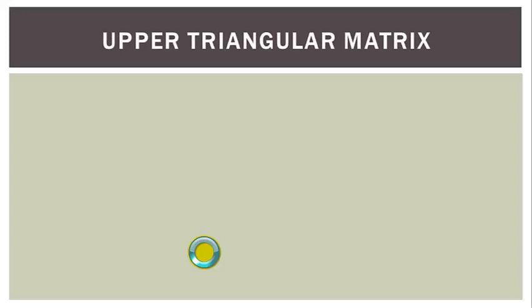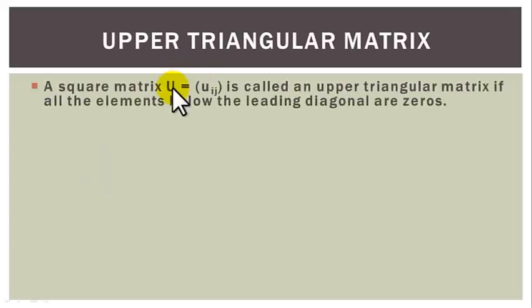Upper triangular matrix. A square matrix denoted by U equals (Uij) is called an upper triangular matrix if all the elements below the leading diagonal are zeros. This is an example of an upper triangular matrix.